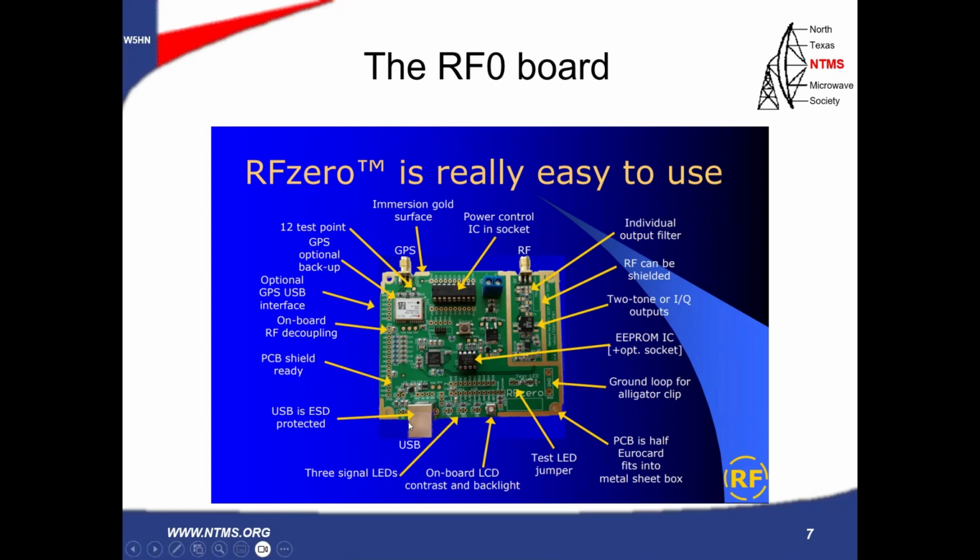There's a USB connector down here in the lower left. This is ESD protected. And not insignificantly is a PCB shield that can be placed on top here, which I will probably do. There's a GPS USB socket. There's also a backup. You can use either a battery backup or a super cap. So that's that.